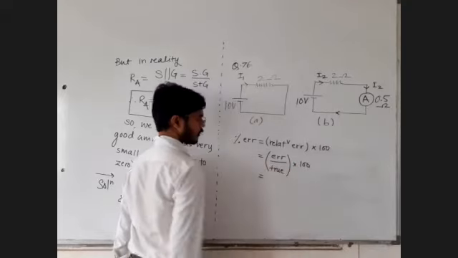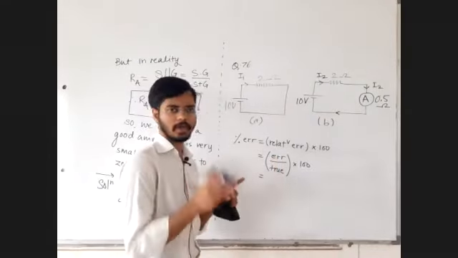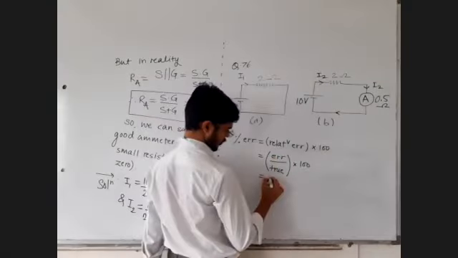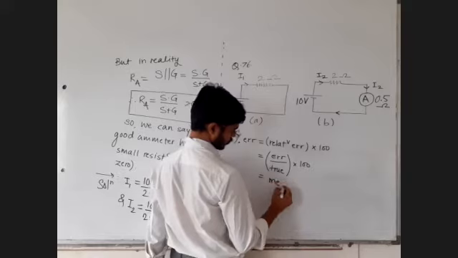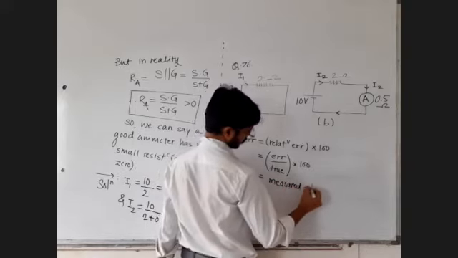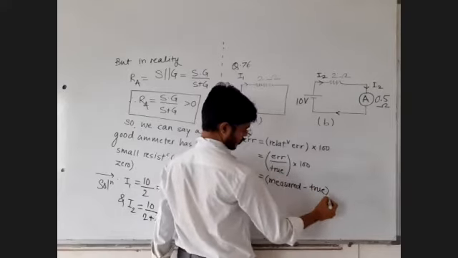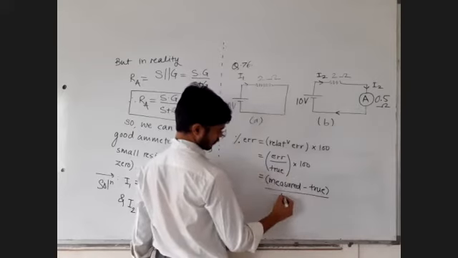What is error? Error is measured value minus true value. Error is measured value minus true value divided by true value.